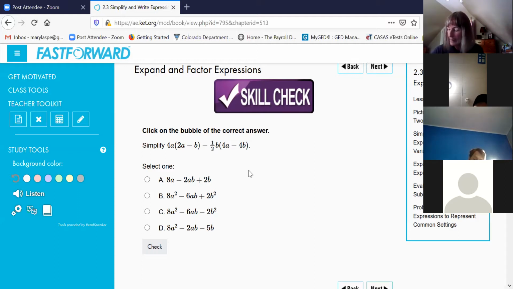So, what can we combine? I wrote all that stuff down while I was speaking. I ended up with an 8a squared. So I know that answer A is wrong. I ended up with negative 4ab, negative 2ab. So there's negative 6ab's altogether. And then I have subtract negative 2b squared.